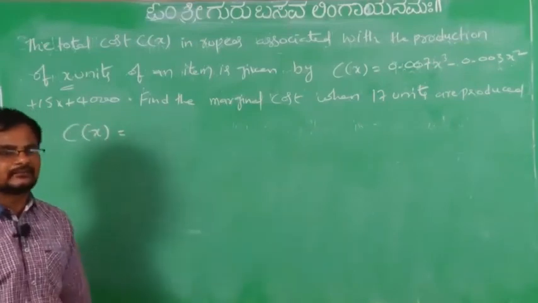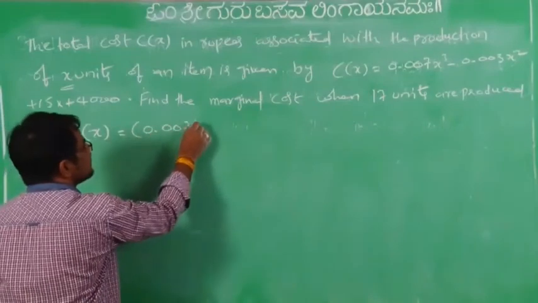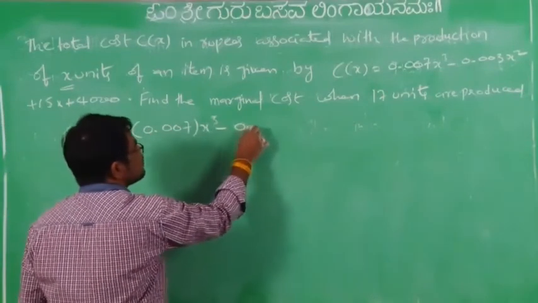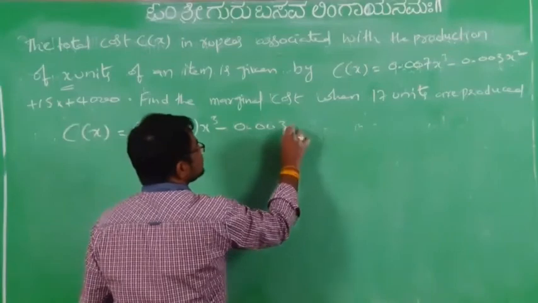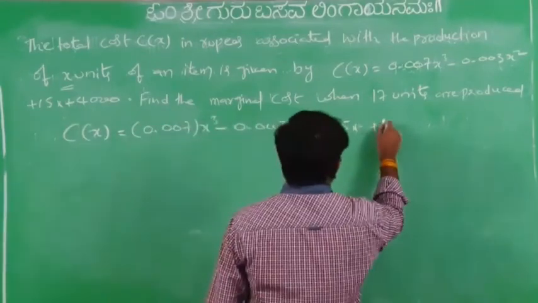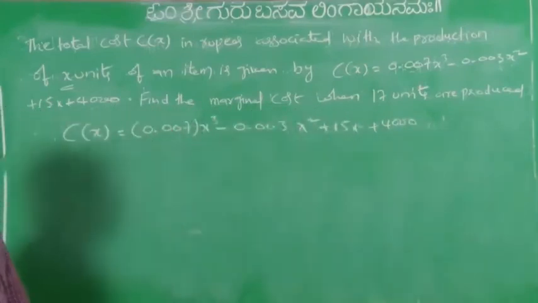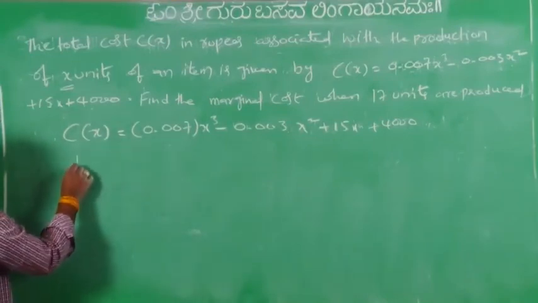C of X equal to 0.007 X cube minus 0.003 X square plus 15X plus 4000. Find the marginal cost. Marginal cost is the rate of change of total cost with respect to the output. Means differentiating with respect to X.